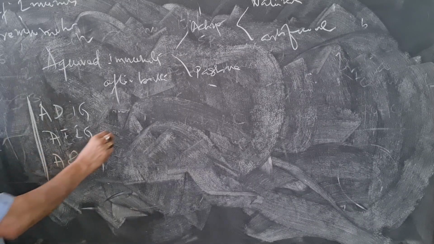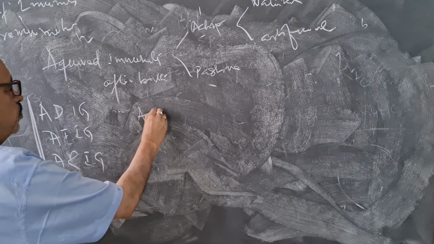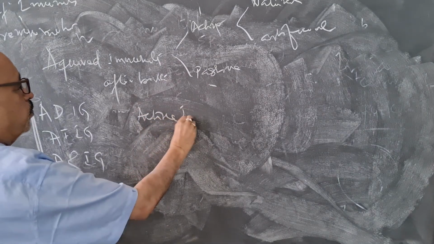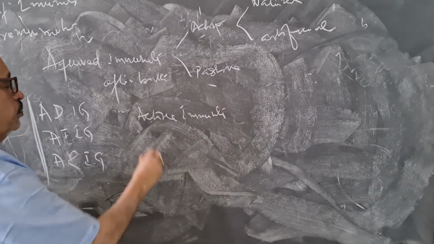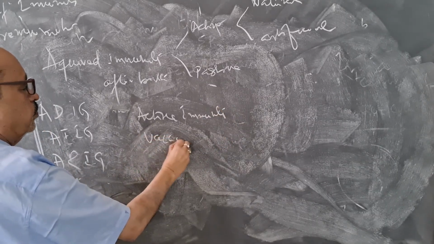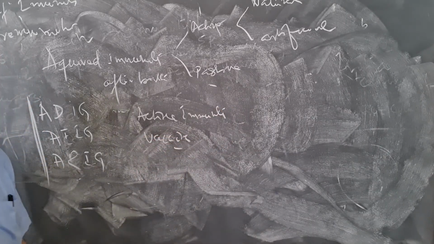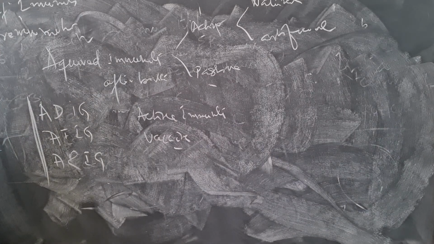Now, active immunity is by vaccine. The word is derived from Vacca, which means cow.